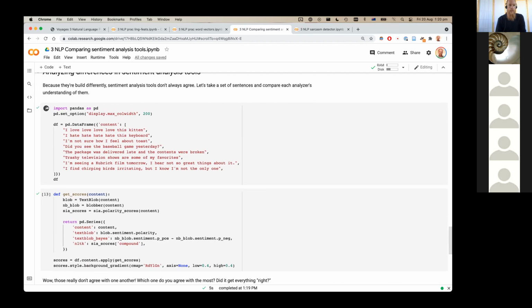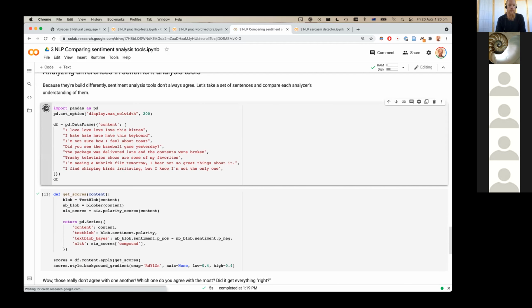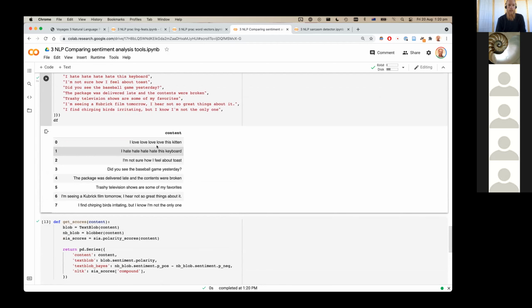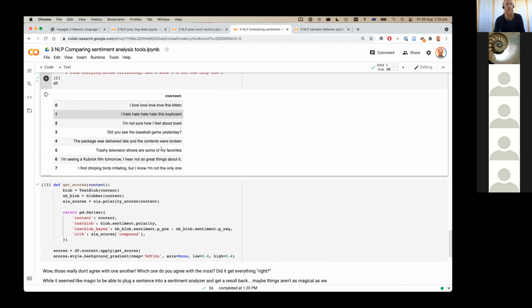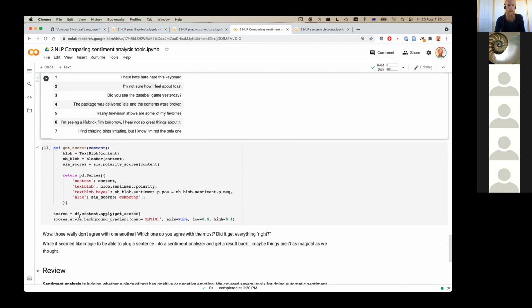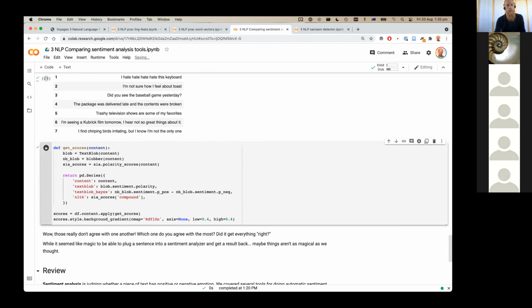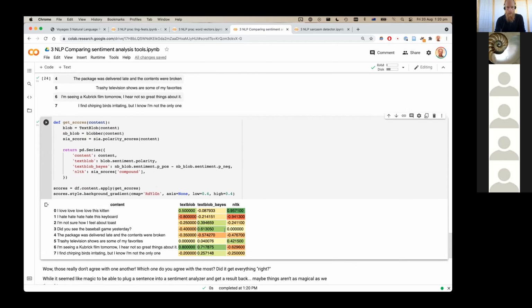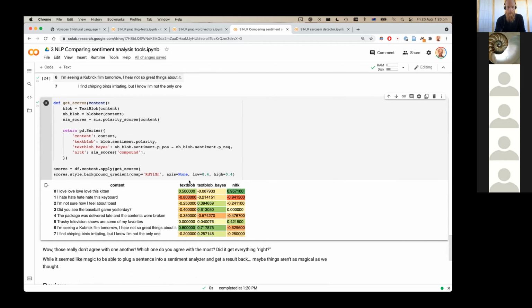So this Colab has some example sentences that we can put into a data frame. Some of these are going to be clearly positive, some should be clearly negative, and we can run these and make a leaderboard style output of the results using these 3 different classification systems: TextBlob, the Bayesian one, and the NLTK one.